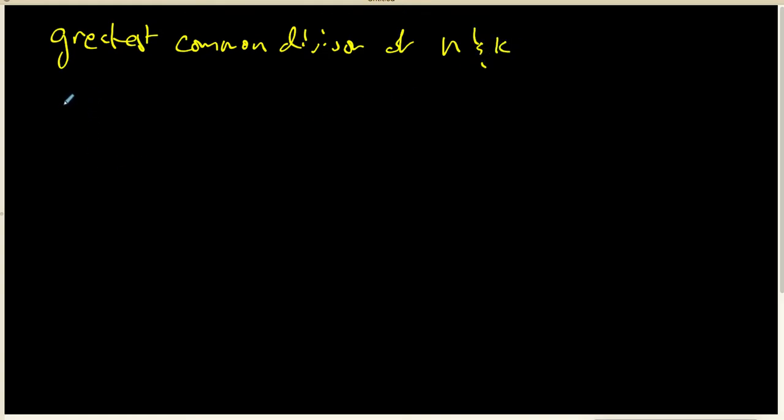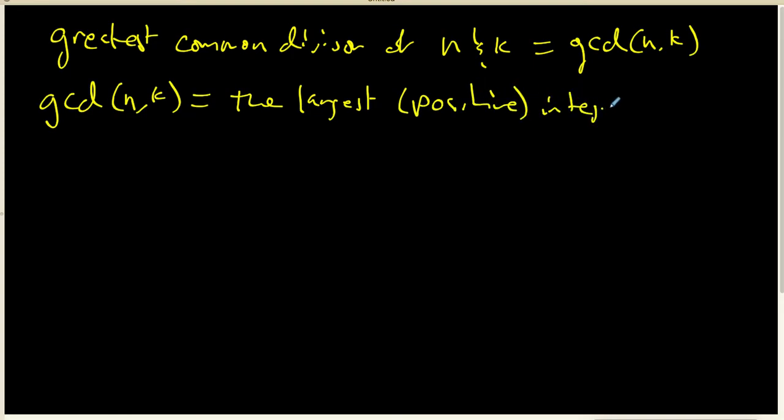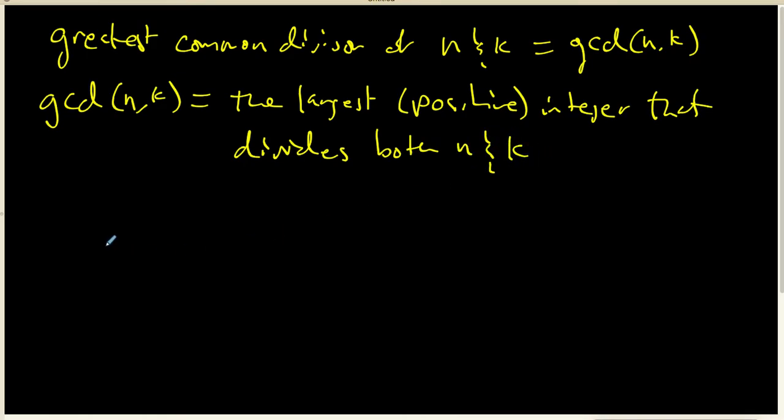The formal definition, usually denoted as the GCD of n and k, is technically defined to be the largest positive integer that divides both n and k. It's important to realize that the largest one is always going to be positive, and so that's why it's often not thought about that way.